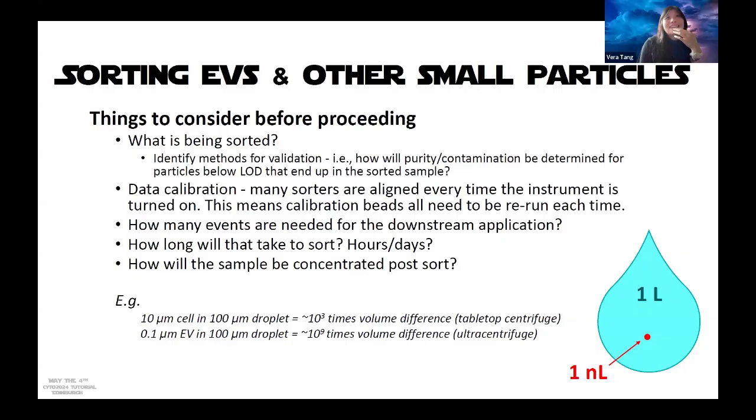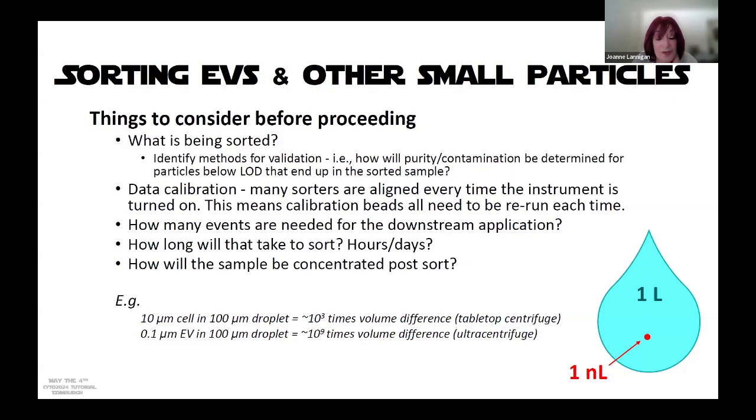Joanne? No, I think those are all very good points. And I just warn people who tell me all the time they're convinced that they have a pure population because they rerun it through the same instrument with the same limit of detection, and they see a pure population. It's what you can't see that is concerning.